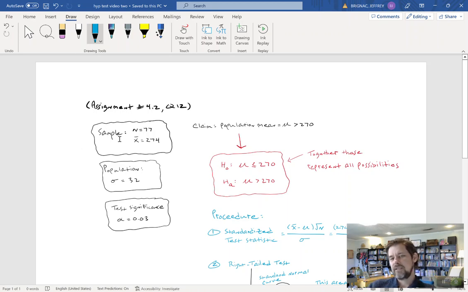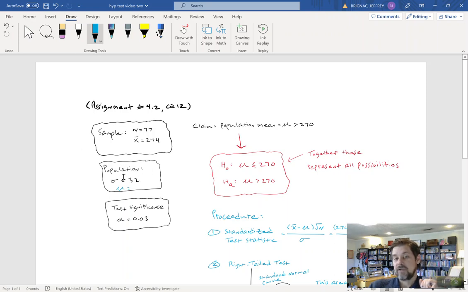So we had a sample of 77 students and the average score on that test was 274. There's the population of all students, and I know that the standard deviation is 32. It doesn't say anything about what the mean is for the entire population.